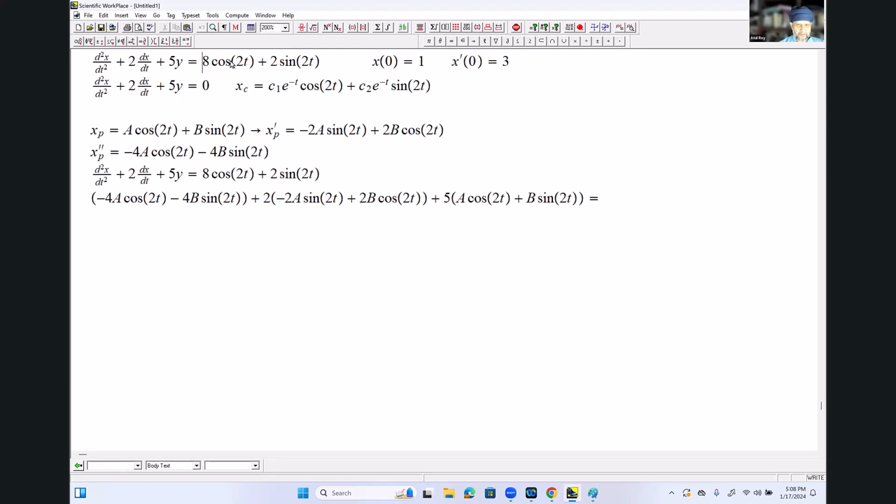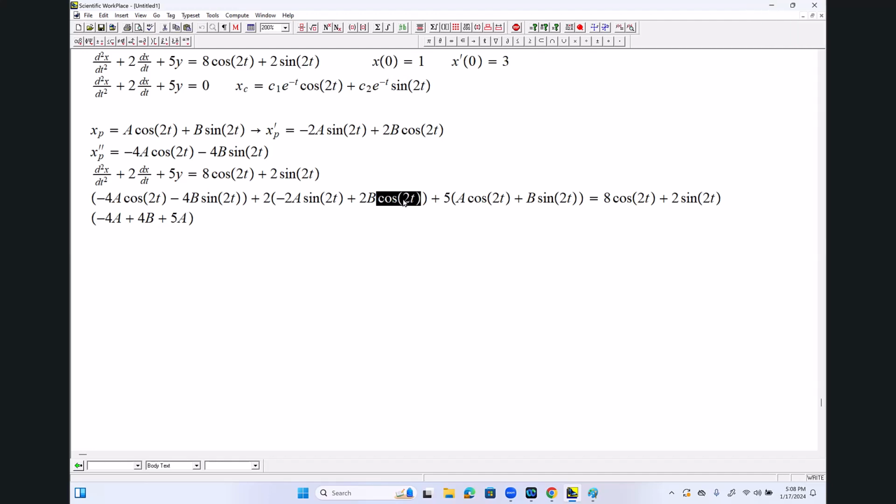All right, and then the right-hand side is simply this. Now what we are going to do is collect the coefficients of cosine 2t and sine 2t. So for cosine 2t, what I get here is -4a from here, then +4b from this portion, and then plus 5a from the last one.